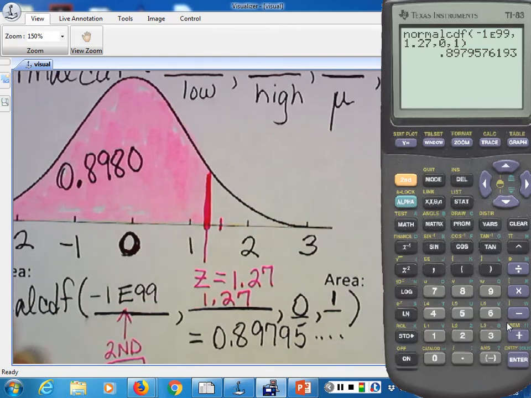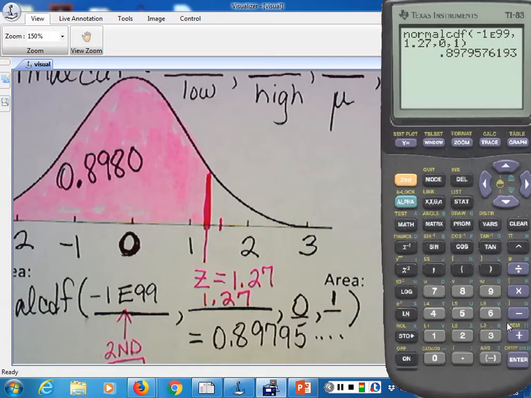So remember, you need to go on and look at the 5th decimal place to decide how to round. And since when you round the 9 up, it becomes 10, then that means that 7 also rounds up and becomes 8. Okay? You understand that process?